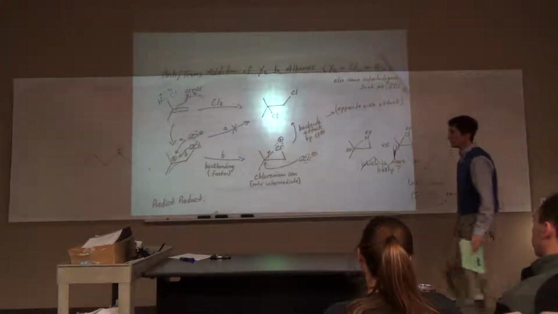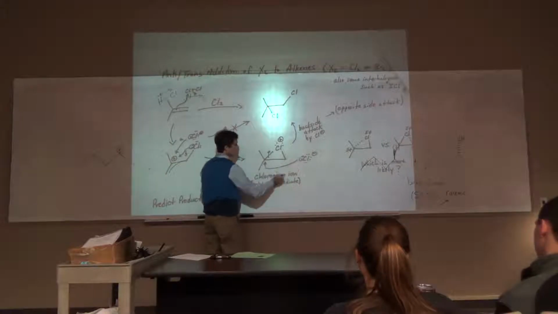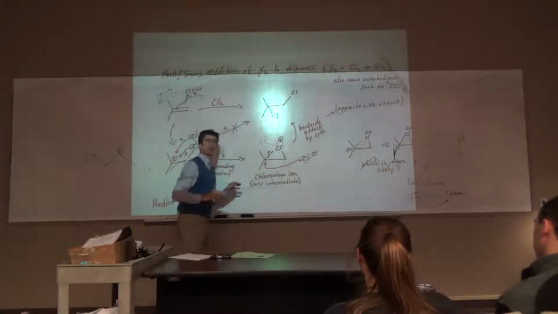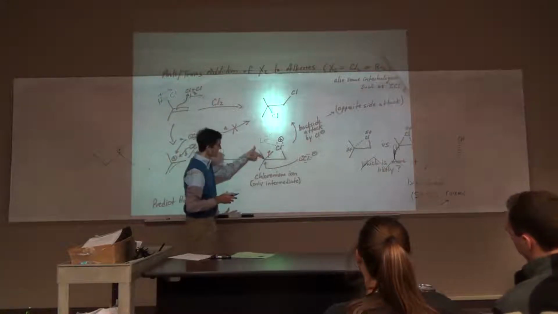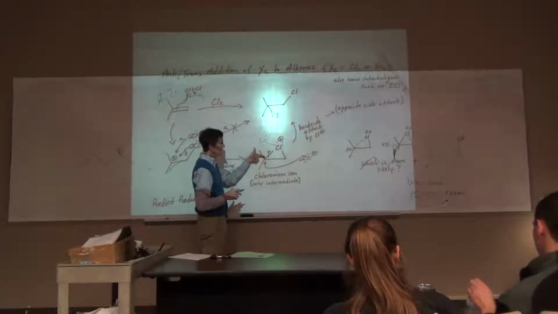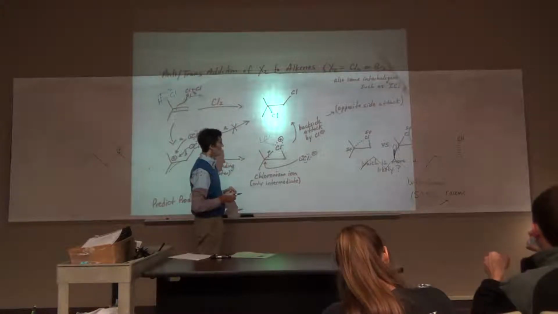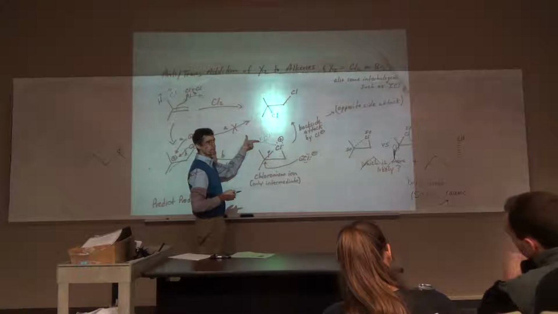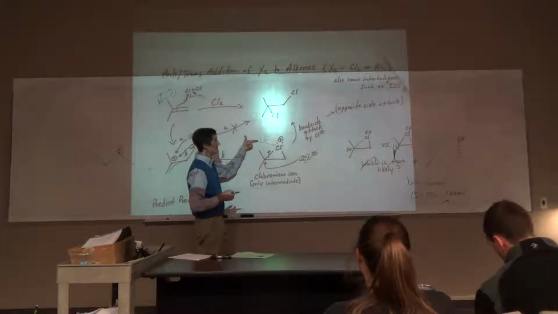So at this point, we're looking at that second mechanism type. Chlorine comes in, kicks off the leaving group. A leaving group is something that leaves. It's leaving this carbon, being kicked off by the nucleophile. I'm the only one that you'll see call it LG. LG means leaving group.